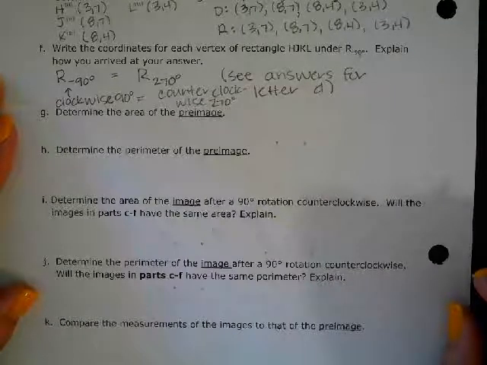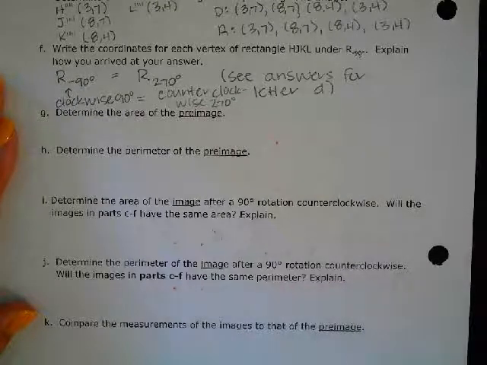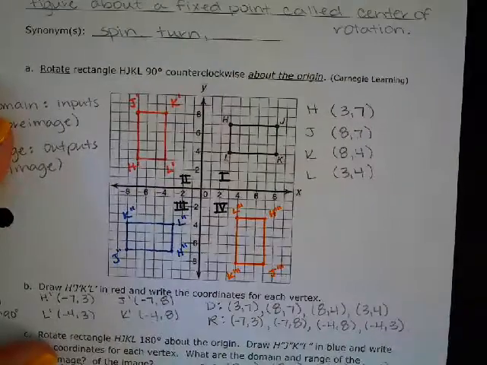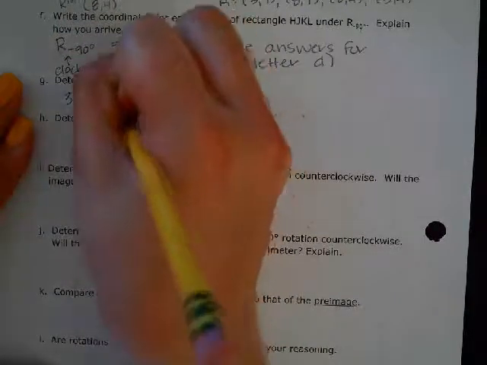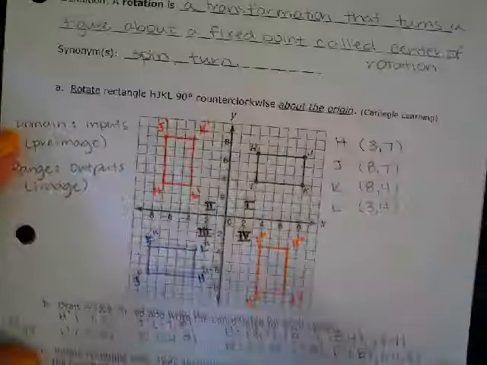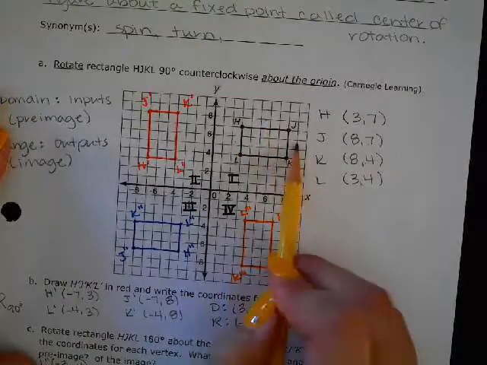Determine the area of the pre-image. So let's go to the original and let's do a little length times width action. What do we get? 15. Okay. So we got 3 times 5 is 15. What about the perimeter? 3 plus 5 plus 3 plus 5 is 16.